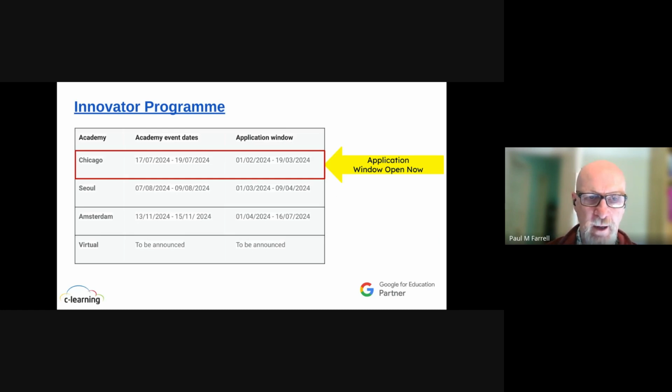So if you are thinking about going more locally rather than Chicago, please get your application started. If you need to chat about the Innovator Program, I know Dave has already offered to chat to people about it, so I'm sure that would still stand. And I'm also an innovator, so I'm more than happy to talk to you about your Innovator application and what it needs to look like and what you need to think about in that process.